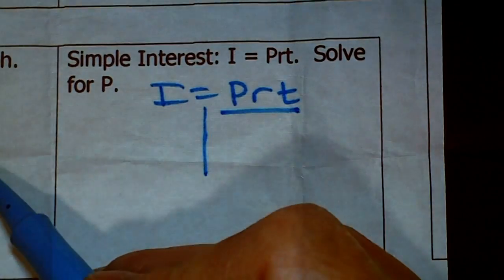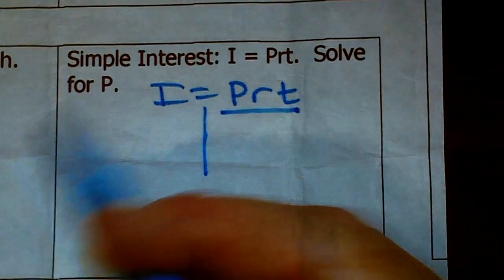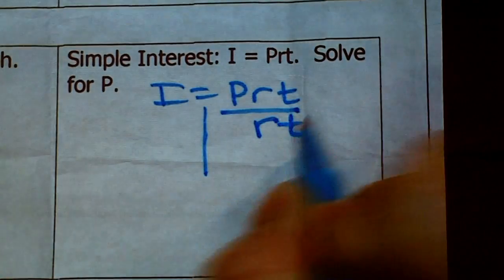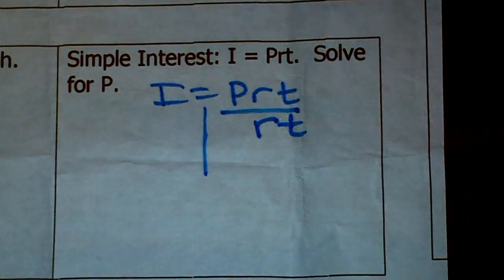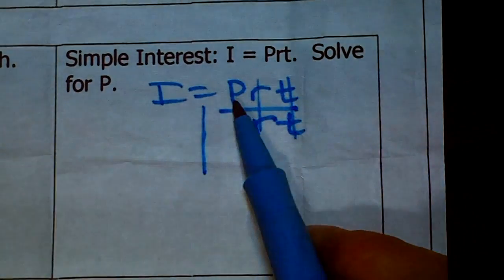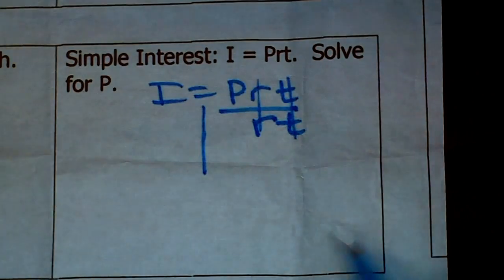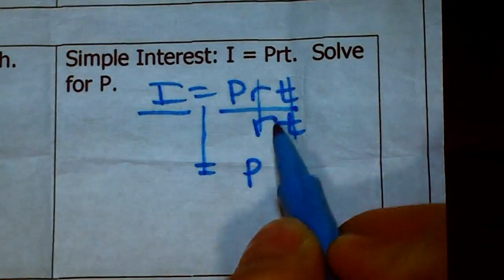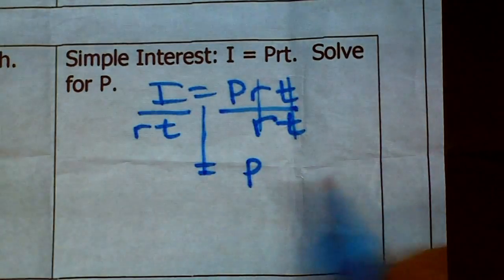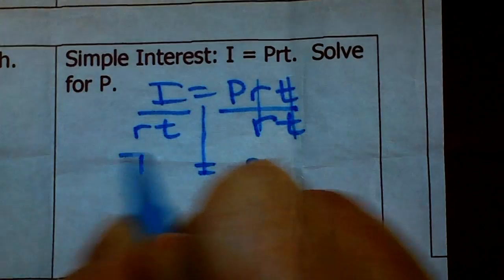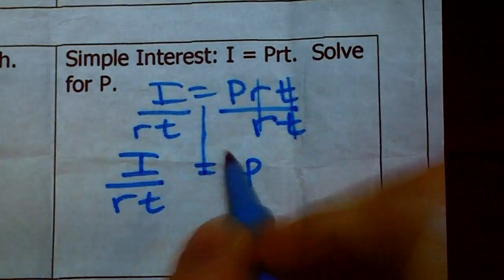So instead of just dividing by h in the other one, I want P by itself, so I'm going to divide by R, and I'm going to divide by T as well. Because R divided by R is 1, and T divided by T is 1, and P times 1 is P. Now if you divide that side by RT, we have to divide this side by RT. And I don't know what any of those values are, but I do know that P is equal to I divided by RT.